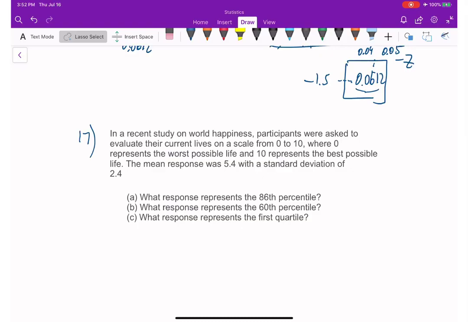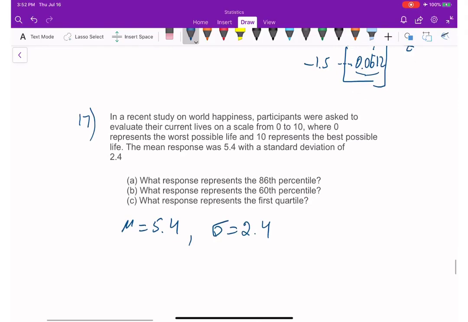The mean response was 5.4. What else do we have? A standard deviation of 2.4. And we need to find the response, which is x. X is equal to question mark.